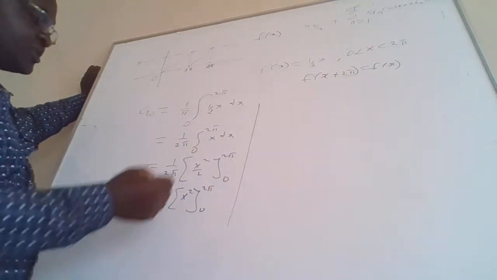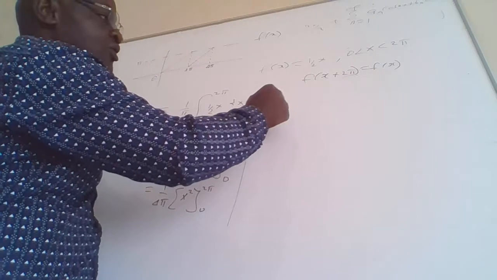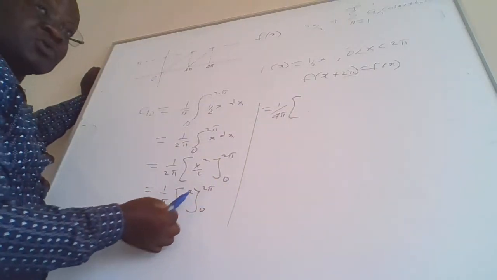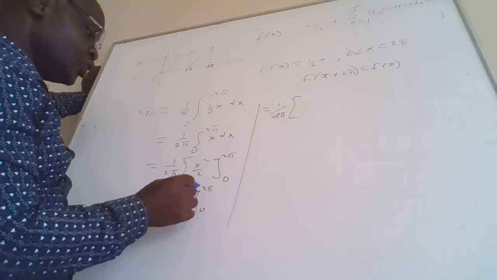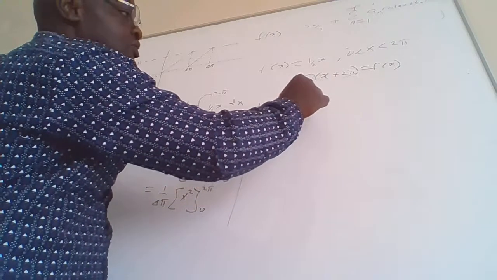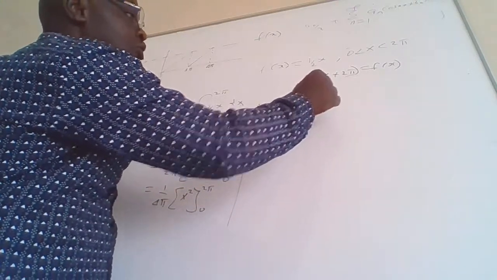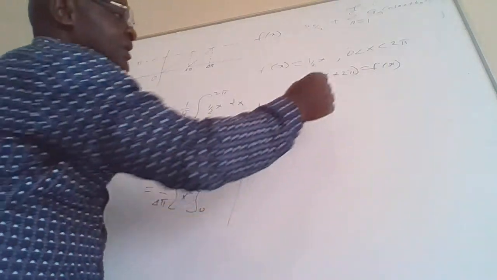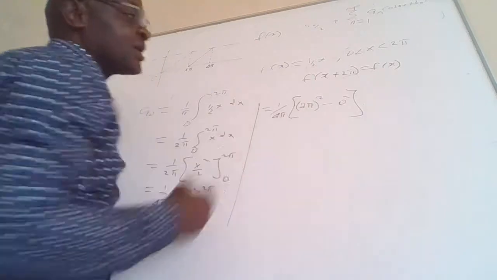So we can now substitute: 1 all over 4 pi into, where there is x, we substitute 2 pi, so we have 2 pi squared, minus 0 squared.